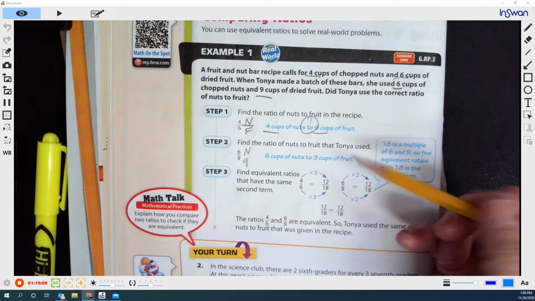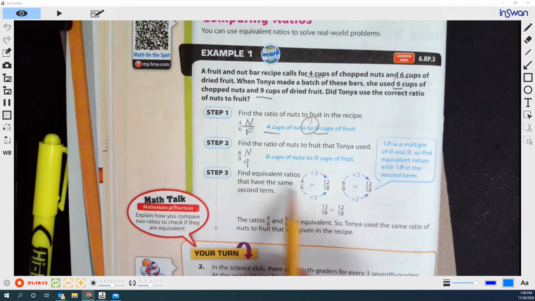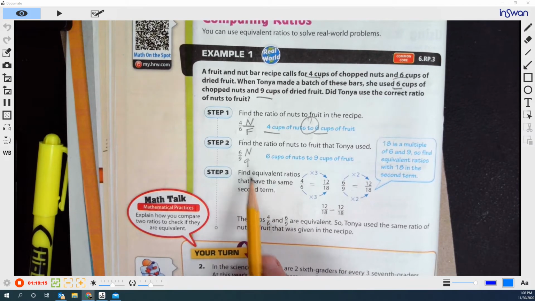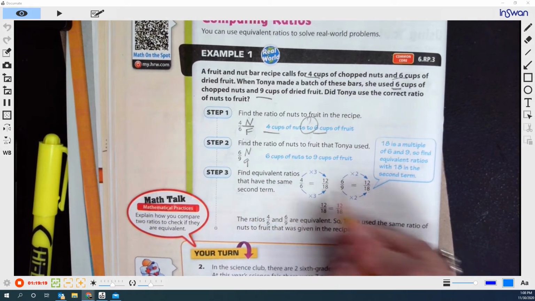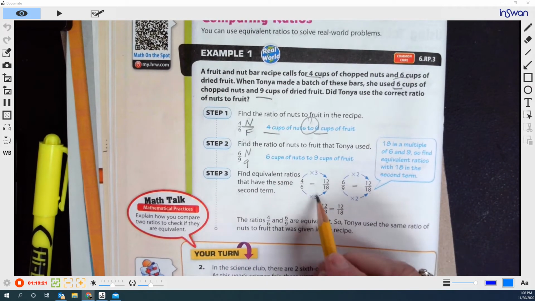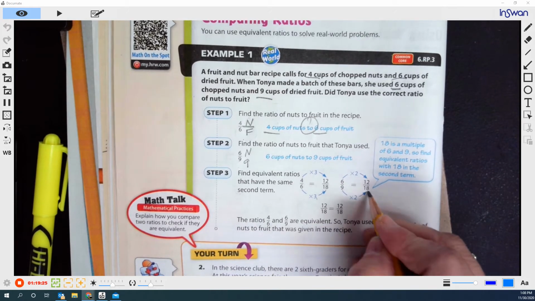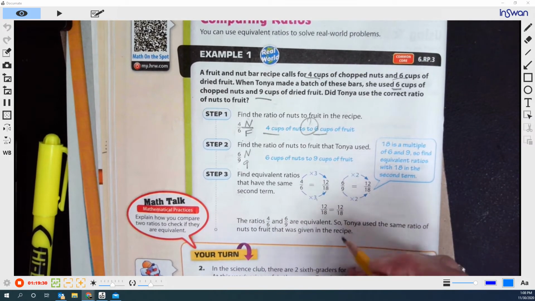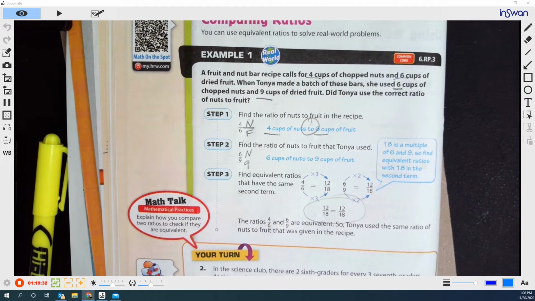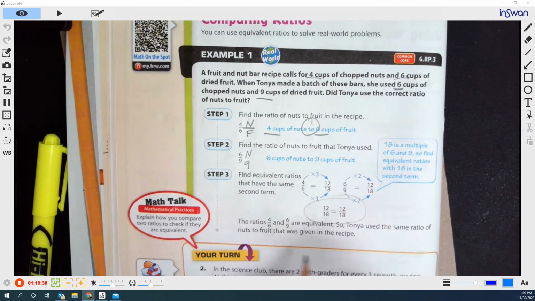If we look for equivalent ratios, for 6 and 9, the common multiple would be 18. 6 times 3 is 18, so 4 times 3 is 12. 9 times 2 is 18, and 6 times 2 is 12. So they both equal 12 eighteenths. So the ratios 4 to 6 and 6 to 9 are equivalent. She used the same ratio in the recipe.